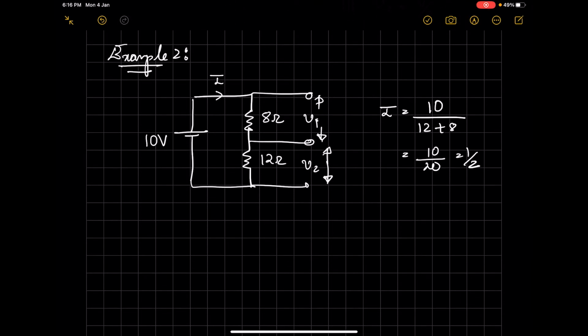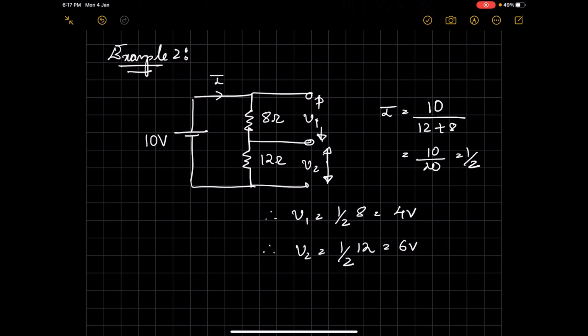Therefore V1 is nothing but the current I, half, into the resistance value 8, that is 4 volts, and V2 is current half into the resistance 12 ohms, that is 6 volts.